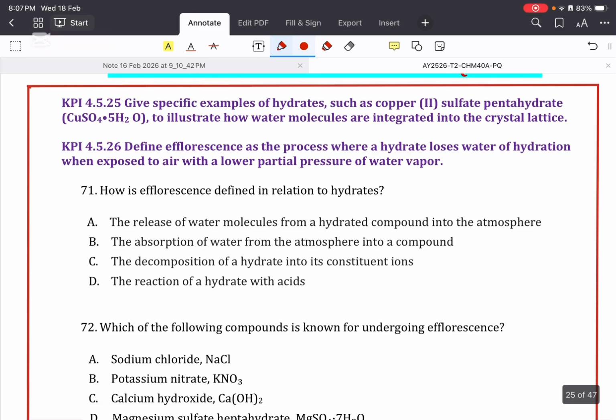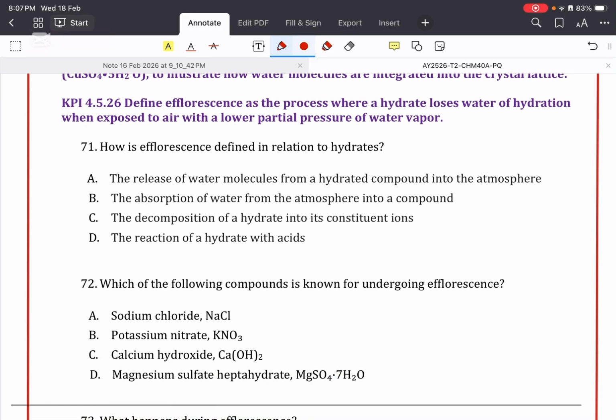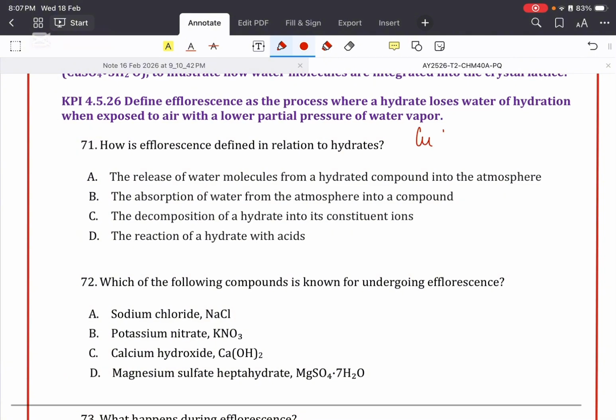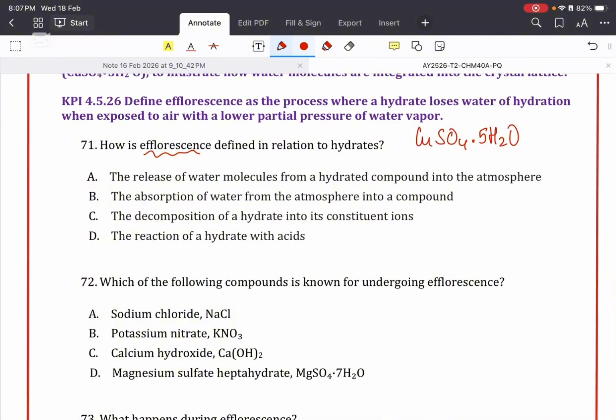Now let's move on to hydrates. You need to remember some examples of hydrates, and the best one known is copper sulfate pentahydrate. So keep that in mind. That is a hydrate. What is efflorescence? Efflorescence is when a hydrate is dried and releases the molecules of water in it.